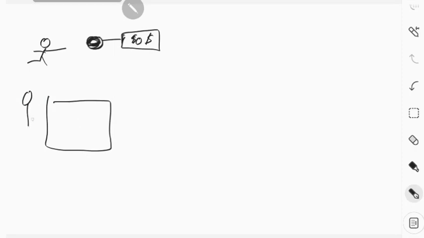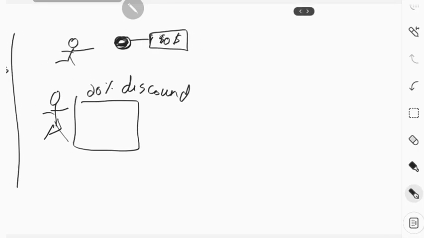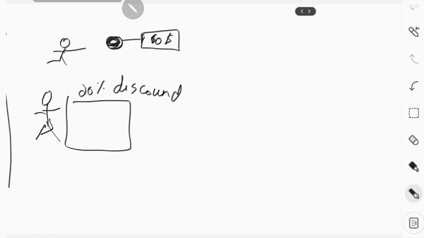The cashier sitting there says that the ball has a 20% discount. Now what does that mean? A 20% discount would mean that the ball, which was $40, is going to decrease in price when I have to pay. Here I am standing, I'm happy that I'm not going to have to pay $40 for my ball.